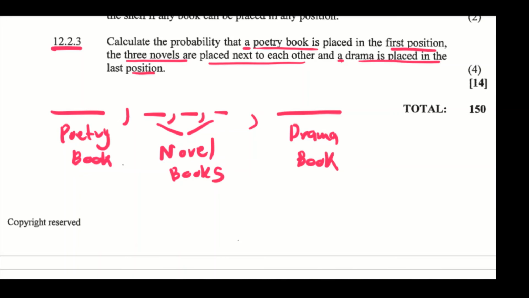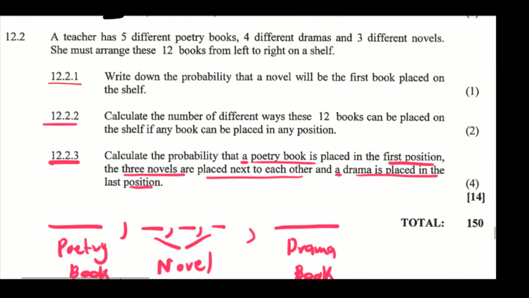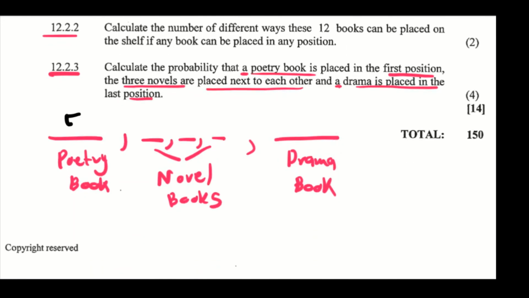So the first position is a poetry book, just one poetry book. So how many poetry books do we have in total? We have 5 poetry books, right, to choose from. So hence we're just going to write 5 here.